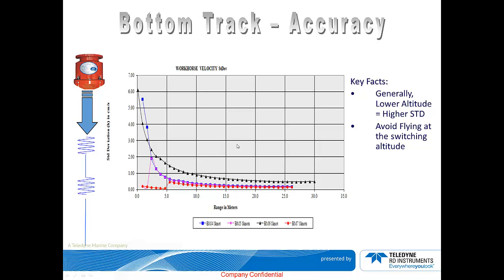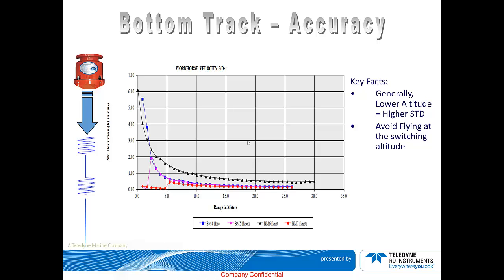Here's a table showing the summary of the effects on the standard deviation as you go nearer to the bottom. Please note that the x-axis is the range or altitude in meters, while the y-axis is the standard deviation in centimeters per second. Now, imagine that you have a DVL descending to a lower altitude. As you can see, as the DVL approaches the bottom, the standard deviation goes higher.